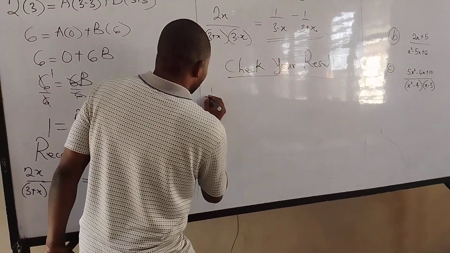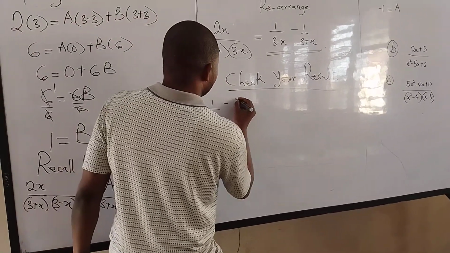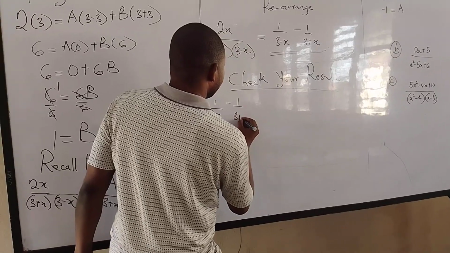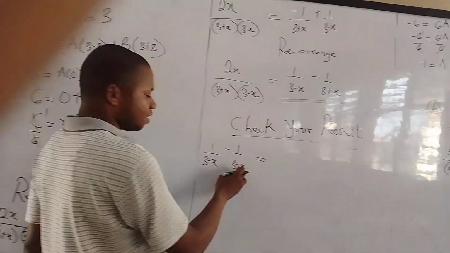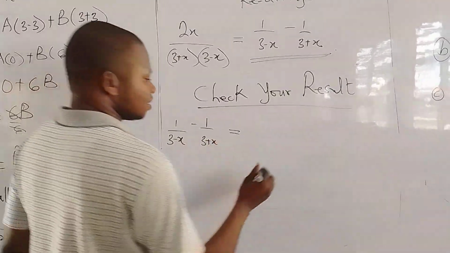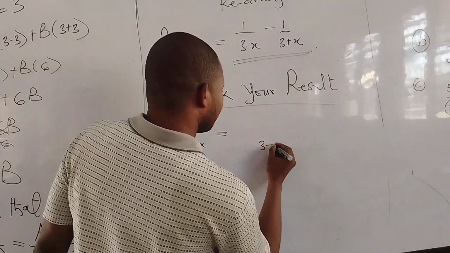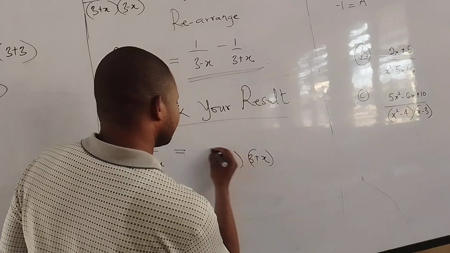Let's check it out. We have 1 over 3 minus x minus 1 over 3 plus x, right? Yes. So we are going to find the LCM of this and this. The LCM is the multiplication of both: 3 minus x into 3 plus x.